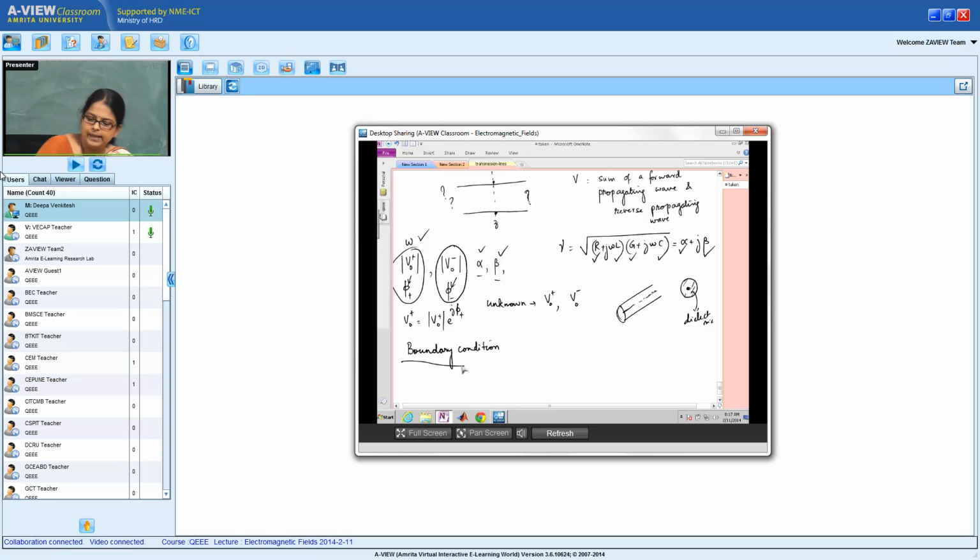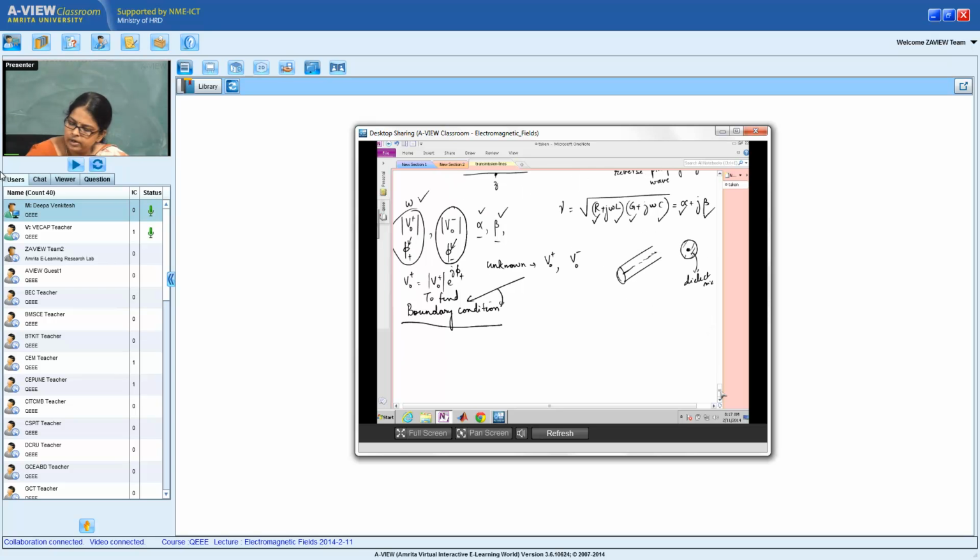Now to find these unknowns, we are going to use the boundary conditions. What we are also going to do, to simplify the solution, is assume an ideal transmission line.